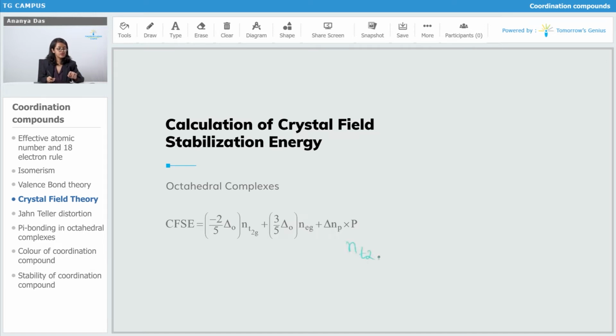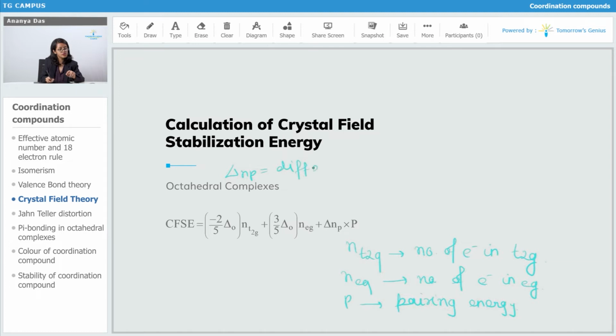Here N T2g is the number of electrons in T2g, N Eg is the number of electrons in Eg, P is the pairing energy, and delta NP is the difference of paired electrons between split and unsplit configurations.